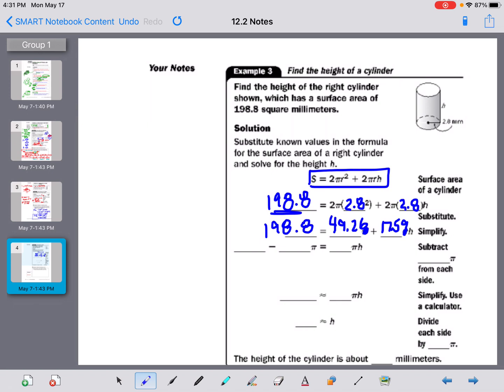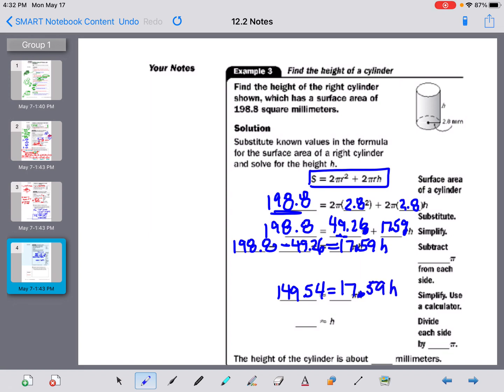My job now is just to get that h by itself. So the first thing I'm going to do is take my 198.8, and I'm going to move this 49.26 over by subtraction. And I'm left with 17.59h. Okay, remember we took care of that pi. All right, 198.8 minus my 49.26 gives me about 149.54 equals 17.59h.